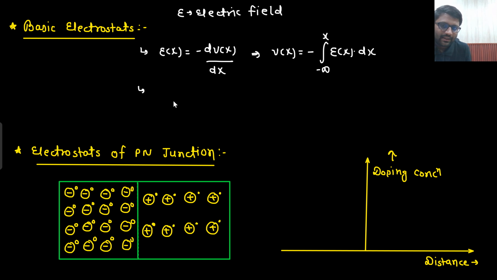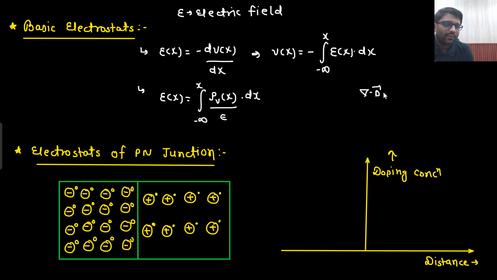Now another relation is there. Electric field is equal to the integration of volume charge density, rho dx, divided by epsilon, where integration goes from minus infinity to x. Can you remember this formula? We will derive it in our EMFT.